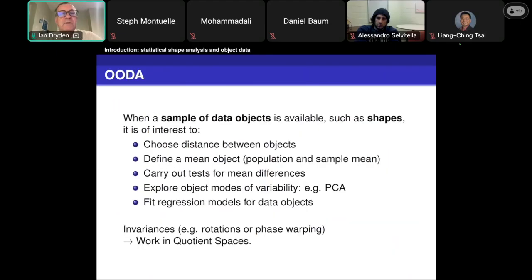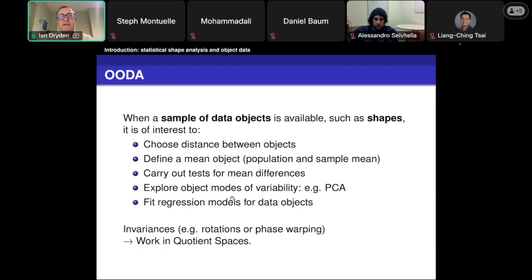So the sort of things we want to do with data objects, like shapes, but more generally: first thing is, can we say how far apart two objects are, like a distance? Can we define what a mean is, like the population mean, sample mean? Can we carry out statistical tests for saying whether these means are different or not? Look at the variability, so principal components analysis or other methods.